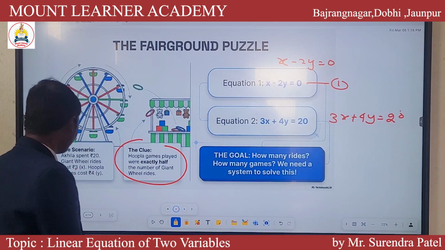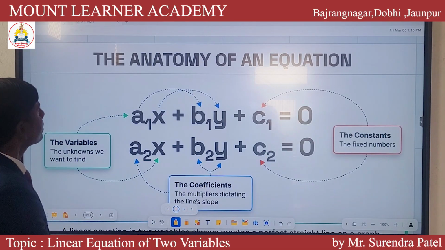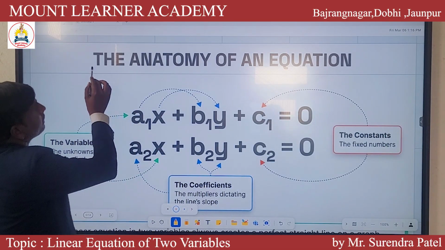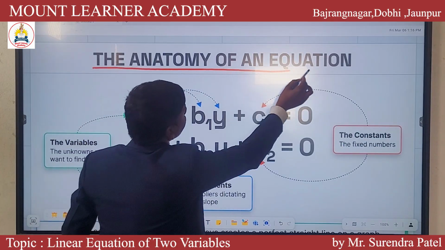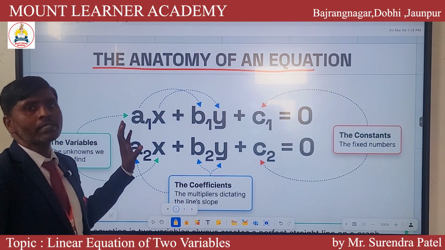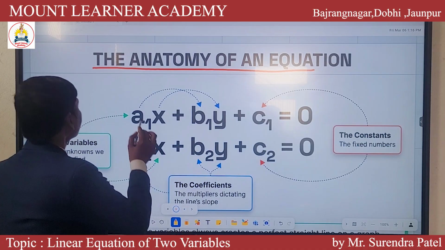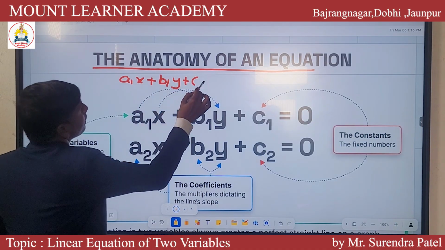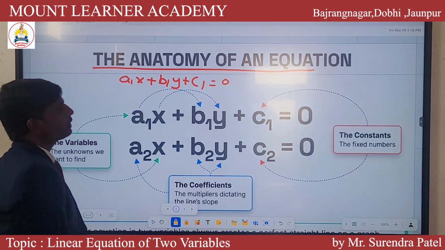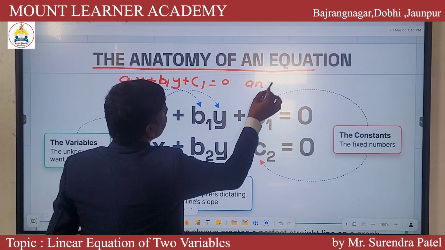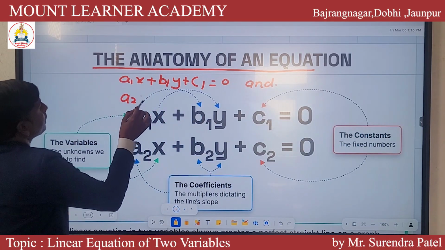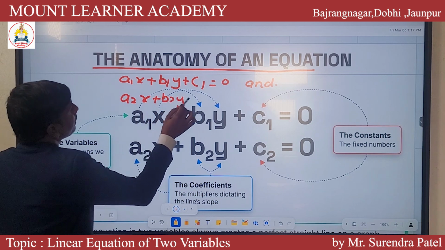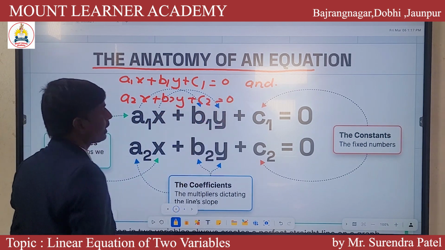Okay, so how can we solve these equations? Firstly, what is the standard form of an equation? The standard equation of linear equations in two variables is a1x plus b1y plus c1 is equal to 0. This is the first equation, and the other equation is a2x plus b2y plus c2 is equal to 0. This is the second equation.